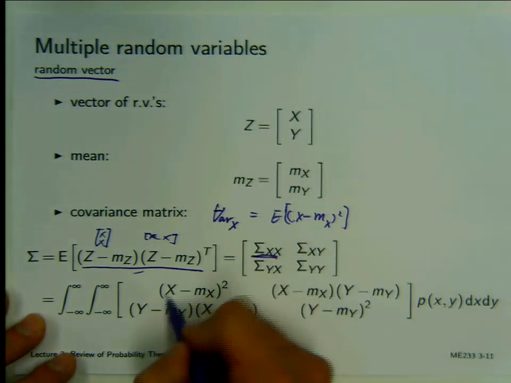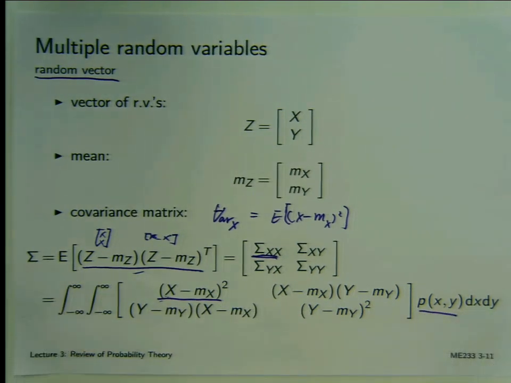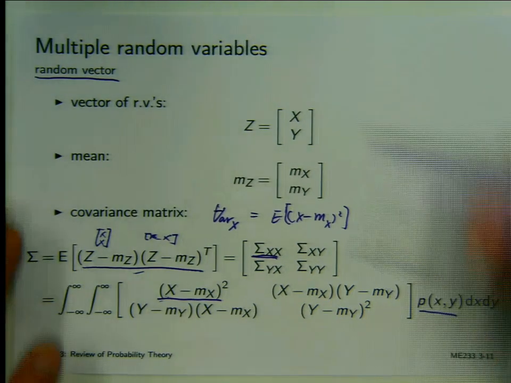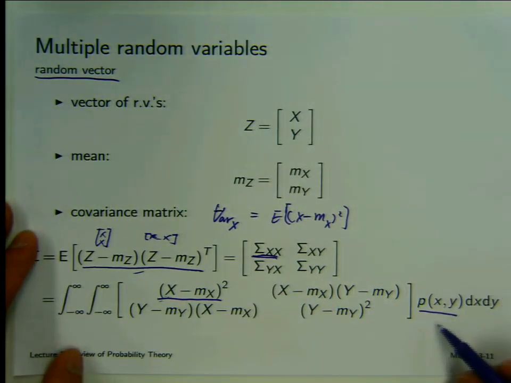Because this is the joint probability distribution, in the end it's timing this joint probability PDF function. Okay?